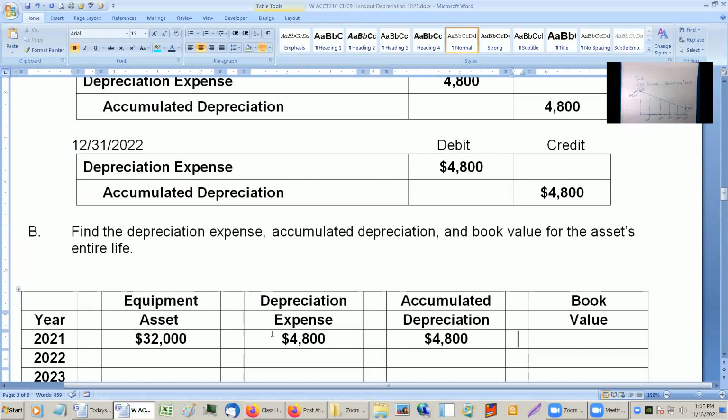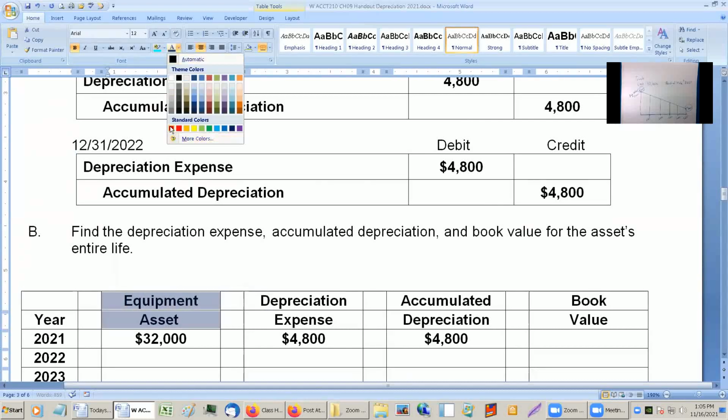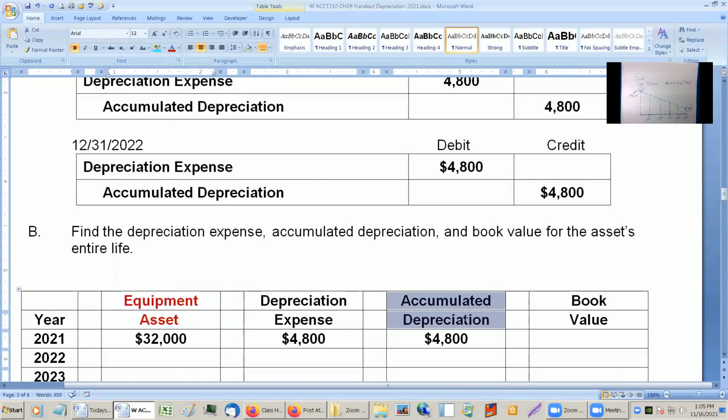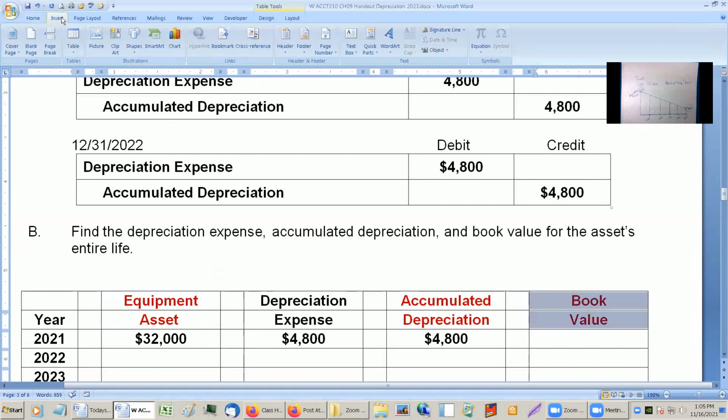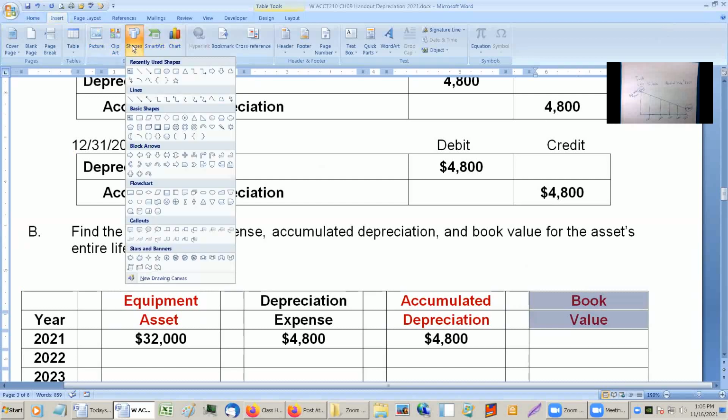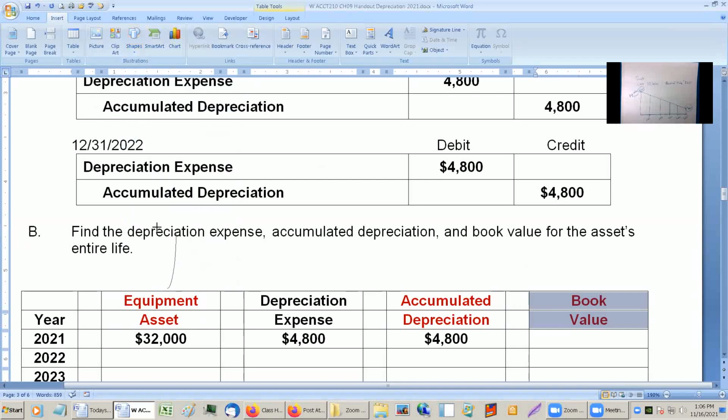And so now here is how we find the book value. Let's see here. Probably a better way to show this, but. I had to go the other way.